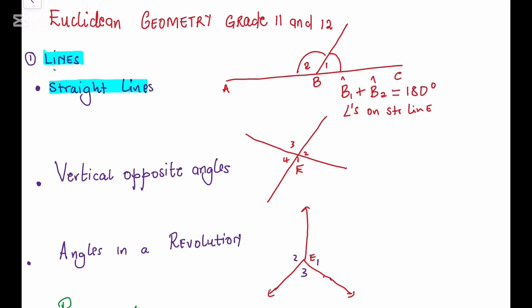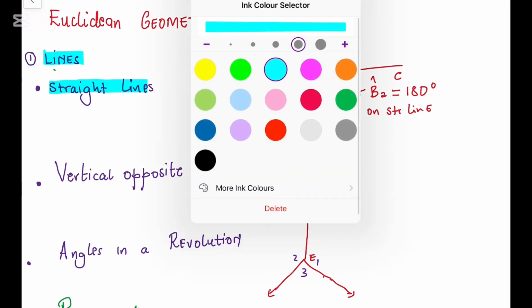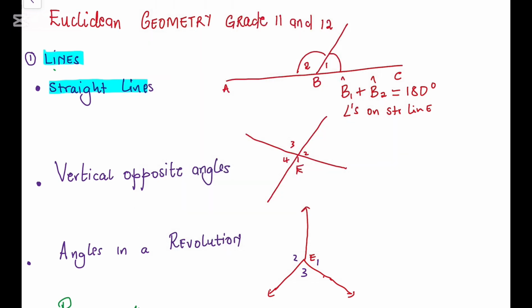That simply means in the test or exam, if you have a straight line and one angle is known, let's say for example, angle B2 is 100 degrees, then angle B1 will be 80 degrees, because if you add these two angles, they must always give you 180, angles on a straight line.